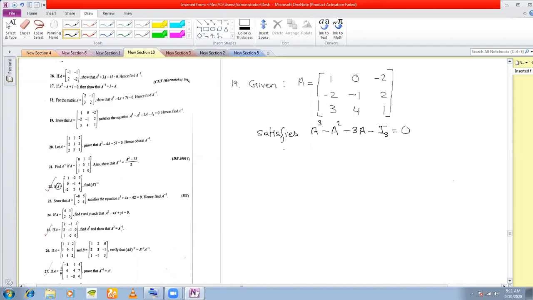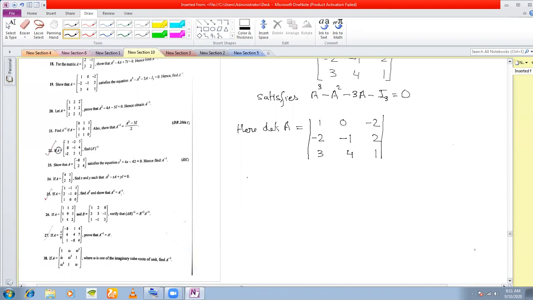Okay, so first let us see whether the inverse exists. Let us find det A first. Here det A is equal to... if you want to expand this determinant, plus minus plus position.